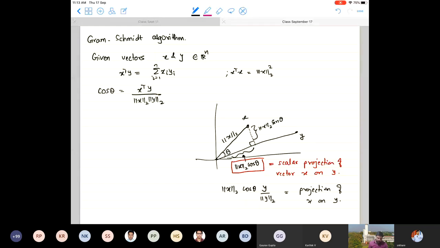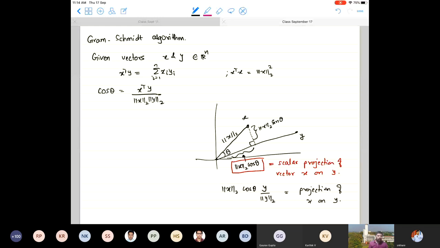Now if you substitute the value of cos theta, you will realize what formula for projection you get. This is the geometric meaning; this is what geometry really tells us. You project onto y at the foot of the perpendicular. That length, norm x into cos theta, the scalar value, is the scalar projection.